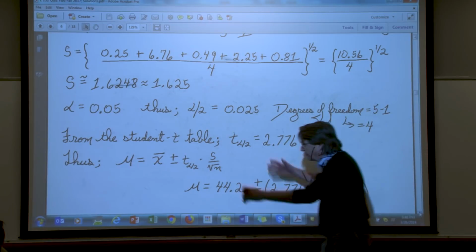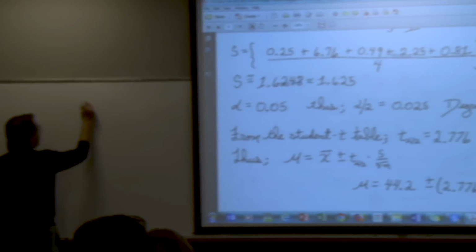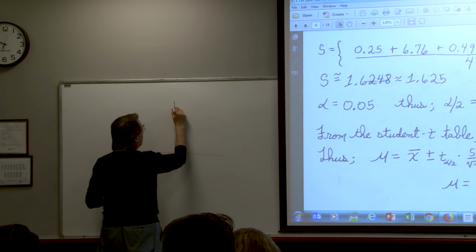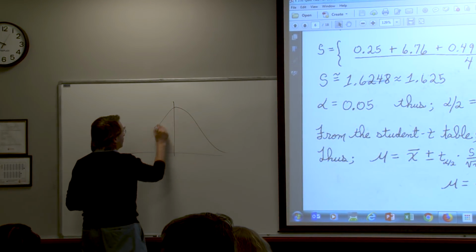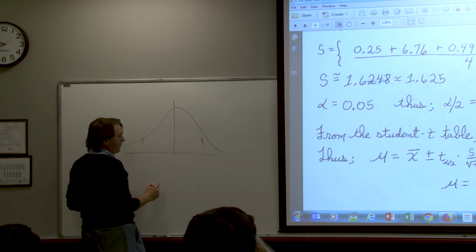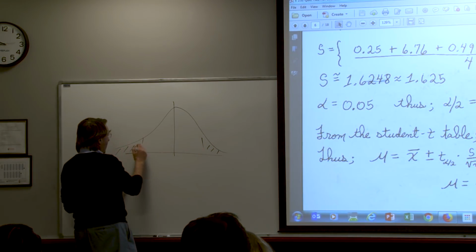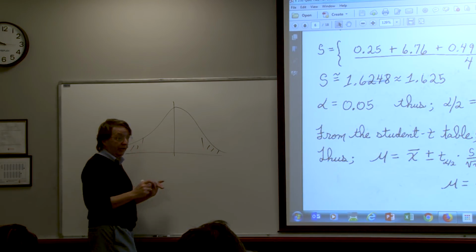Oh, I have to draw this. By the way, the student t looks a little bit like a Gaussian, and it becomes Gaussian as n approaches infinity. So if it looks like this, and it's supposed to be 95%, that means the area of the tails is 0.05.